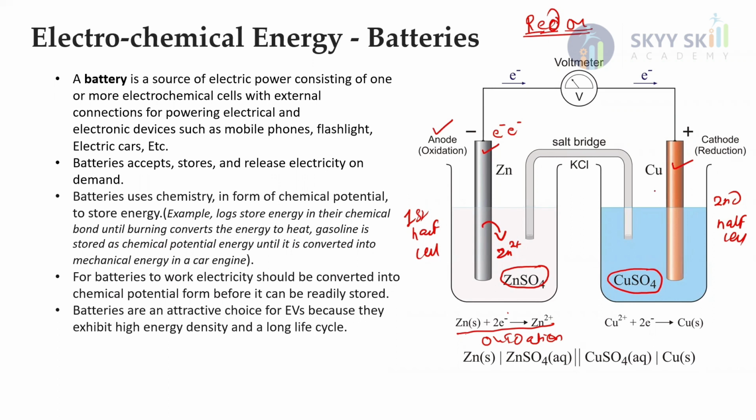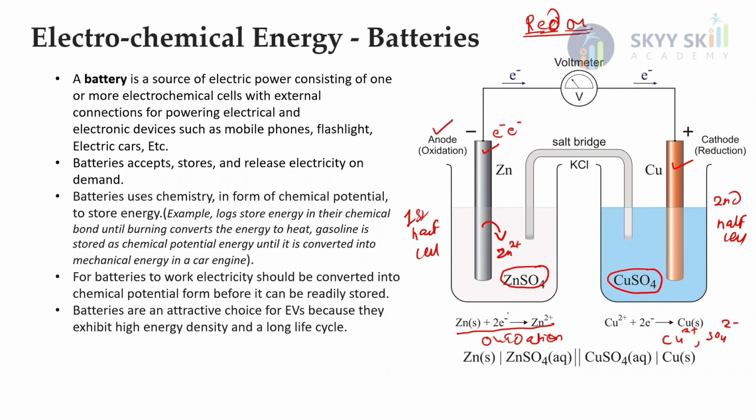Now on the other side, in the copper sulfate, when we add some water, the copper ionizes. It ionizes to Cu2+ and SO4 2-. Though the whole charge on this electrolyte is neutral, still the copper and the sulfate are a bit ionized.